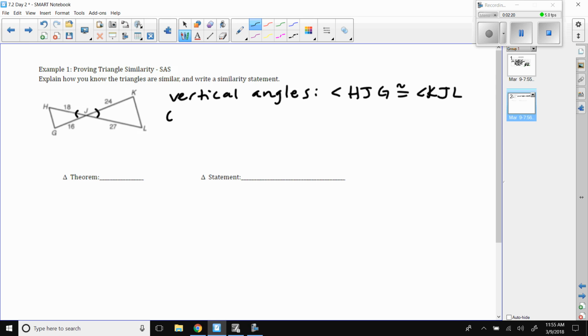And then I want to check the proportion. So what I see here, perhaps, is I want to check to see if these are going to be congruent. So I want to see if 18 over 27 is equal to 16 over 24.